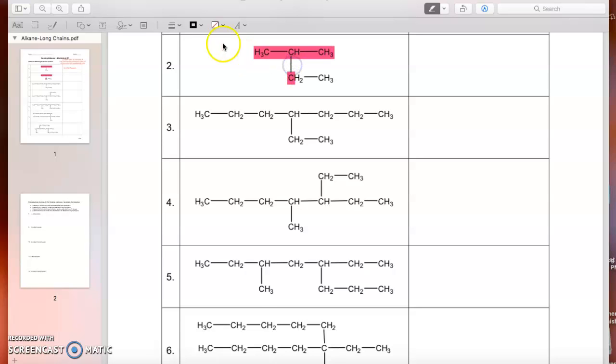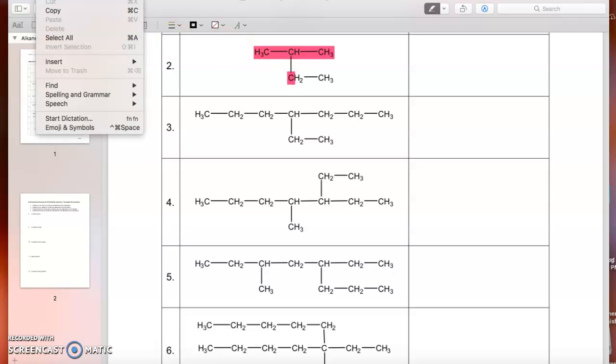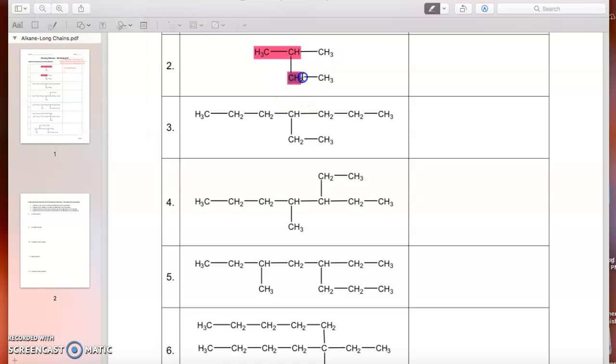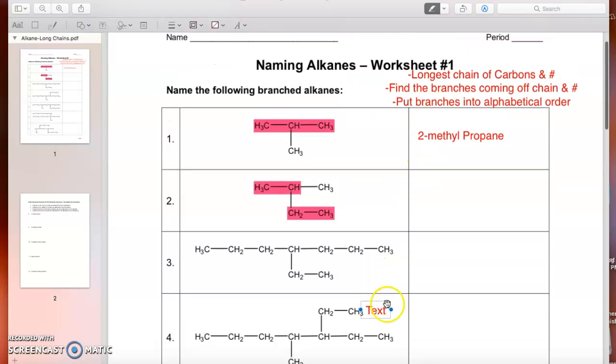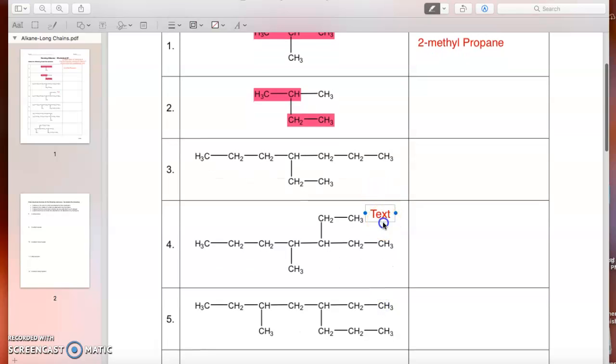All right, bear with me that those are kind of connected here. Okay, so we have 1, 2, 3, 4. So the 4 carbons would be called butane. Okay, so that would be butane.